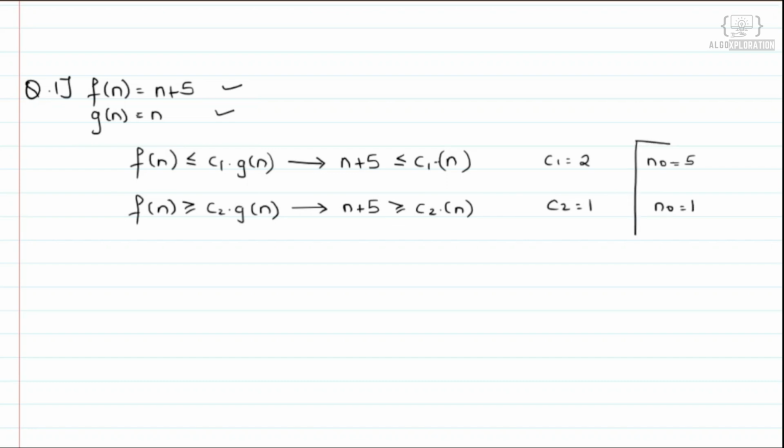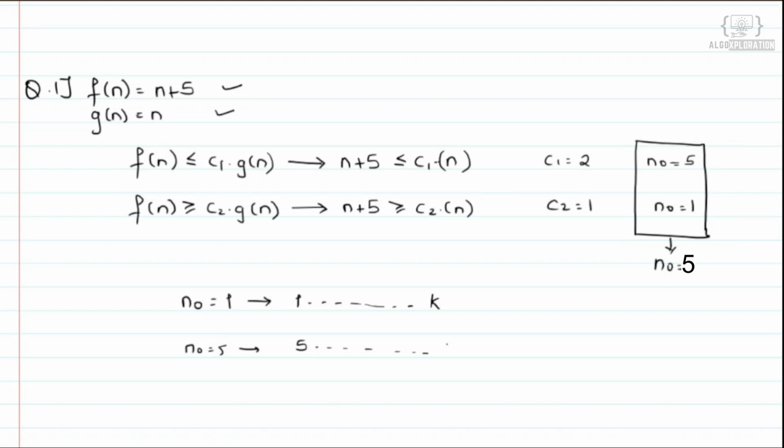If we take the intersection of these two values, we get the common value of n naught, because n naught is the starting value of n. When n naught equals 1, the value of n starts from 1 and goes to, let's say, k. Similarly, when n naught is 5, the starting value is 5 and it goes to k.